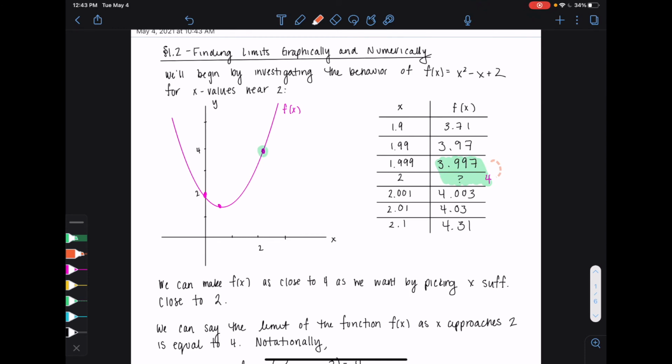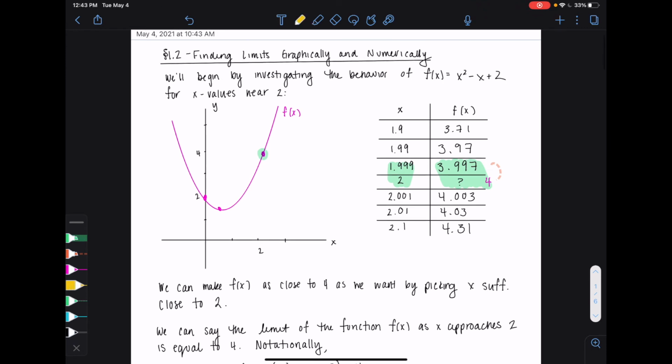If I want the difference between my y and my limiting value to be 0.003, the difference in my x's has to be 0.001. So this would tell me if my epsilon is 0.003, my delta needs to equal 0.001 to guarantee I'm within that distance.